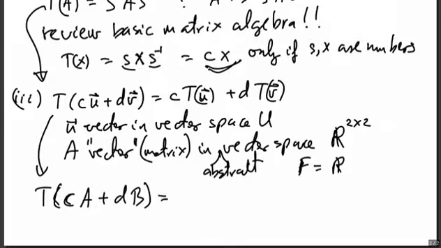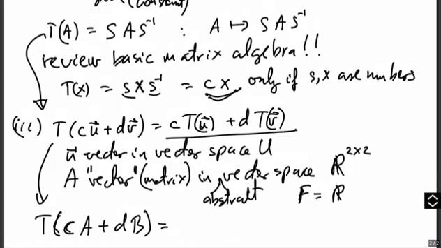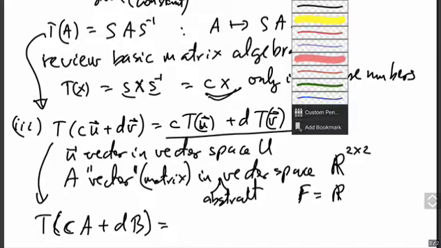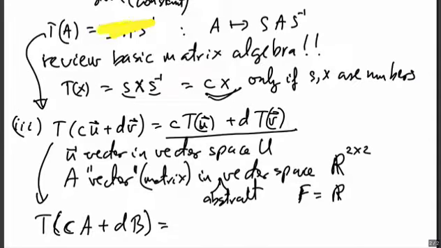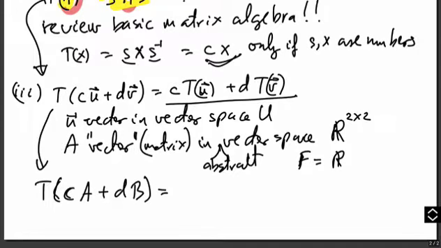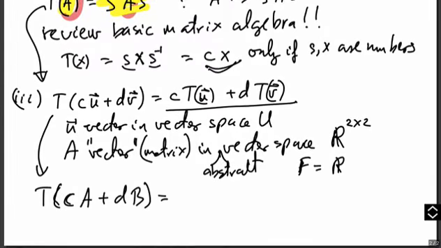Then from here, we would like to get to this other side to take it apart, but first we have to write a definition of this transformation. So the argument is used in this definition by multiplying it from left with S and from right with S inverse. So we have S from left and then CA plus DB argument and then S inverse from the right.